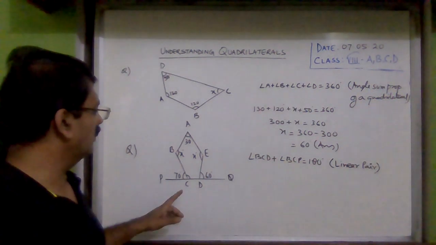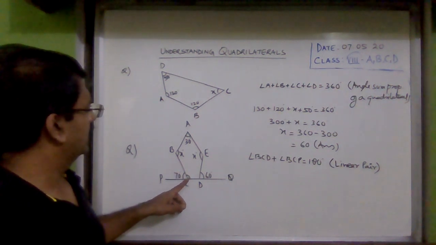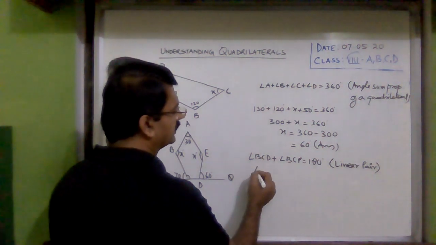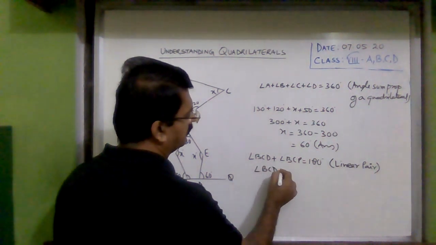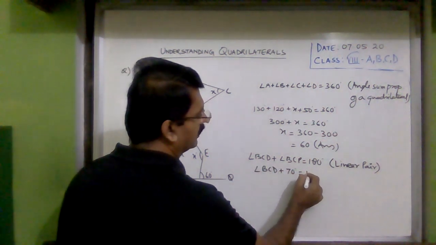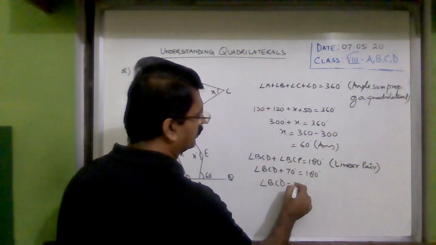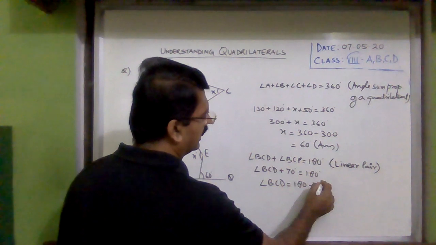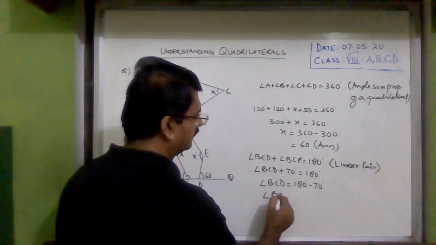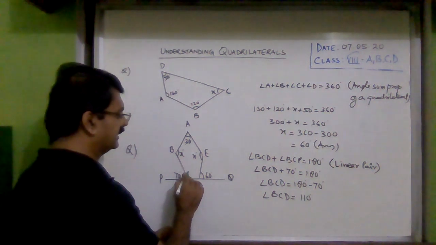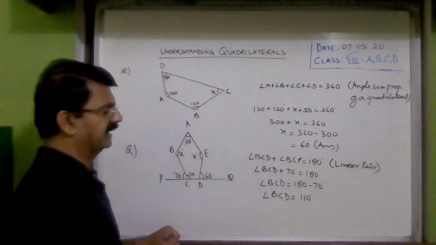They have given that angle BCP is 70. So angle BCD plus 70 is equal to 180, so angle BCD is equal to 180 minus 70, which is 110. So we found that this angle is 110.